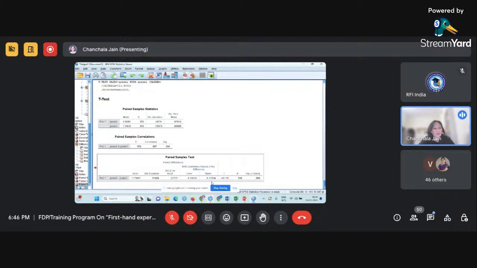Probably previously they were not. So after teaching, whether they are able to answer those questions or not, that way I can say this is a case of the paired sample t-test. On the same number of students, I'm applying the same test, or repeating the same type of quiz, and then collecting the results.